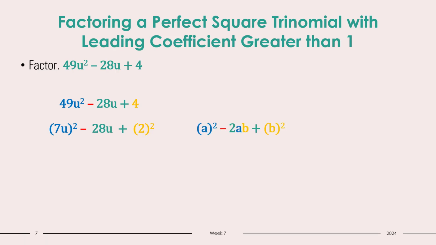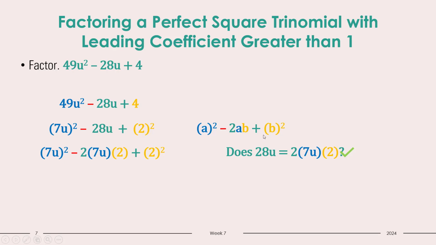is 28u 2 times my A times my B? And it is, right? 28u is equal to 2 times 7u times 2, right? So this fits the pattern, okay?